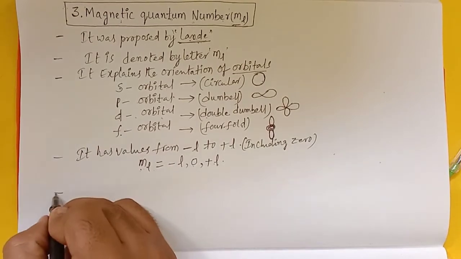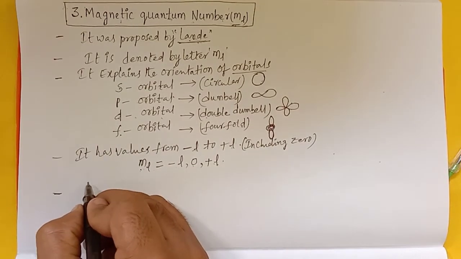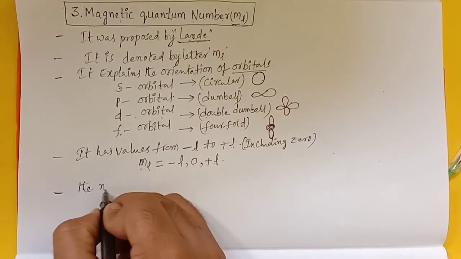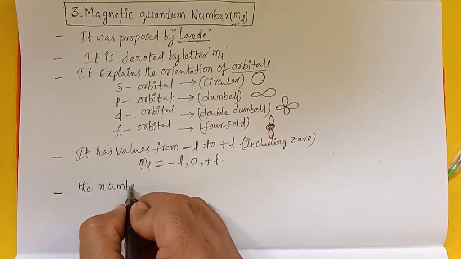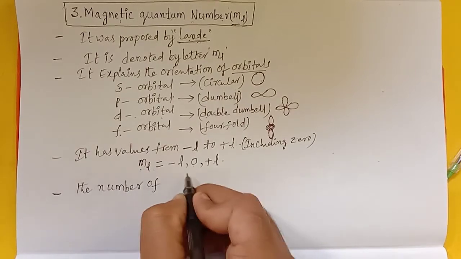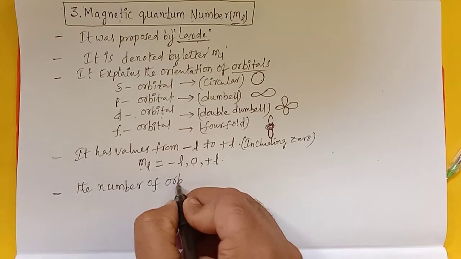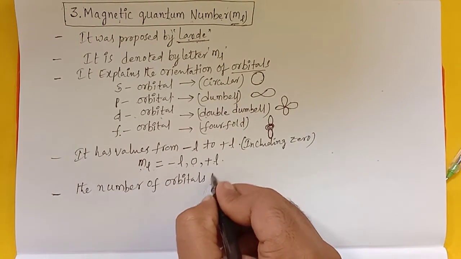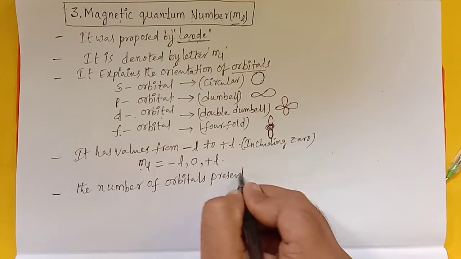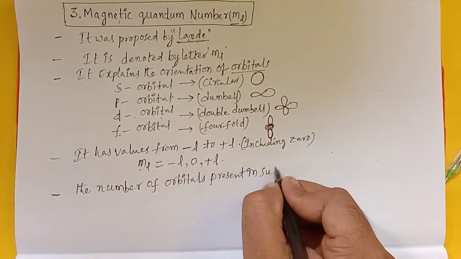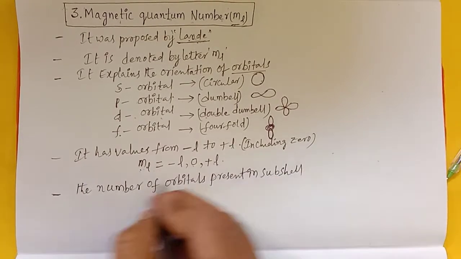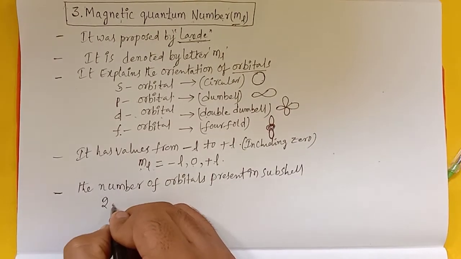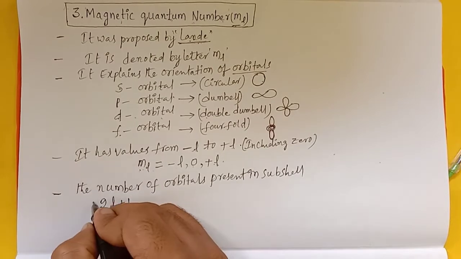Next, a very important point: how can we calculate the number of orbitals? Lande gave the formula for calculating the number of orbitals. The number of orbitals present in a subshell is given by 2L plus 1.